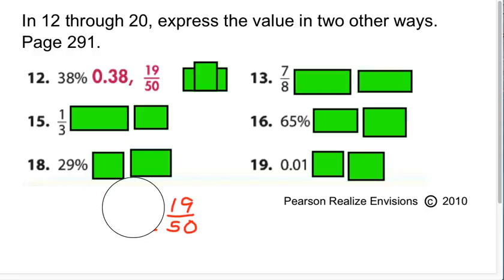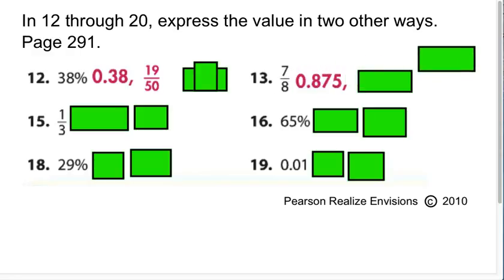Alright, let's take a look at number 13, 7/8. Well, 7/8, when you write it as a decimal, is 875 thousandths. Now, that's a pretty complicated problem, but the best way to figure this out is to simply take 7/8 and treat it as a division process or algorithm.